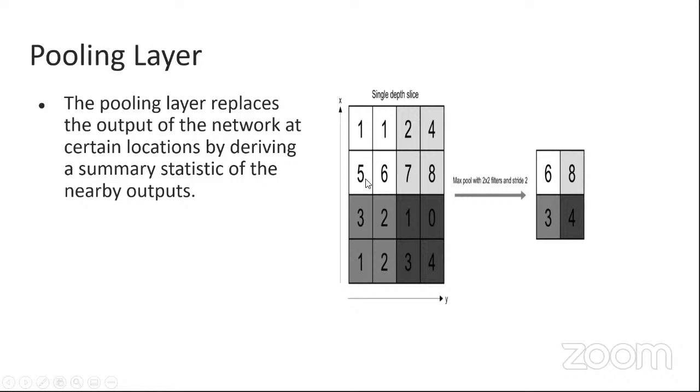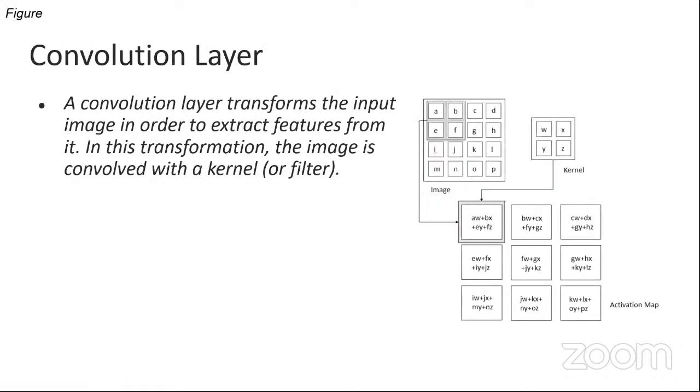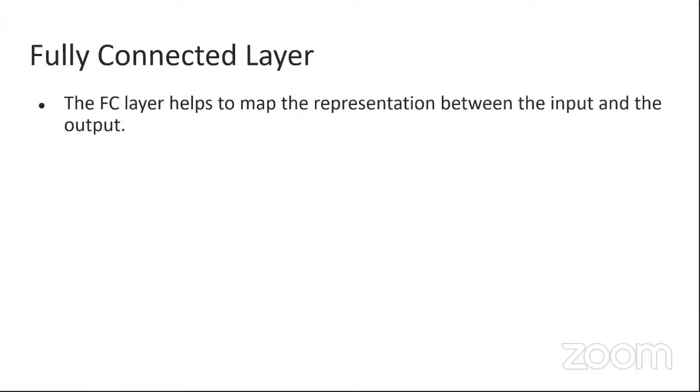When we apply max pooling, it takes a 2 cross 2 window. Among 1, 1, 5 and 6, the maximum number is 6, isn't it? So we replace these 4 values with 6, that is one value. So max pooling is done in this particular place, and that is known as the max pooling layer. The convolution layer along with the pooling layer we are doing.